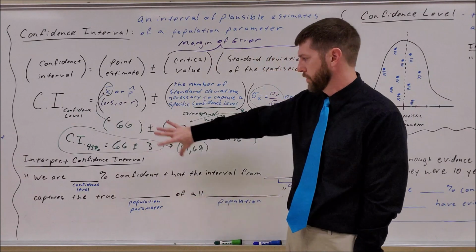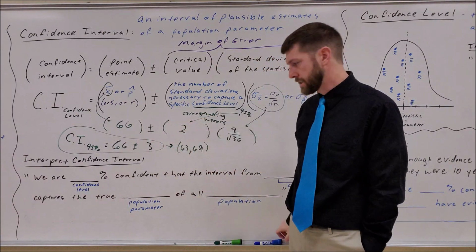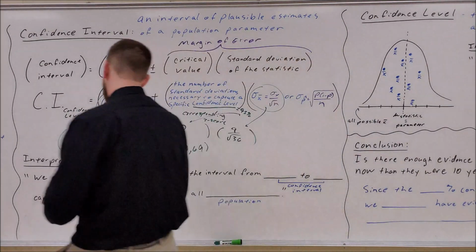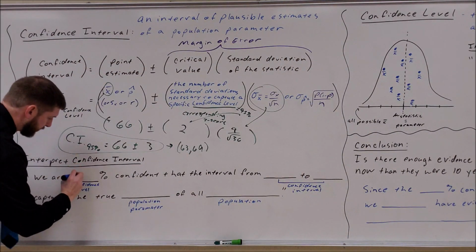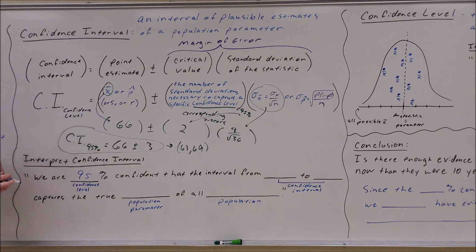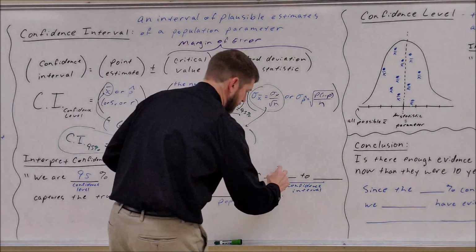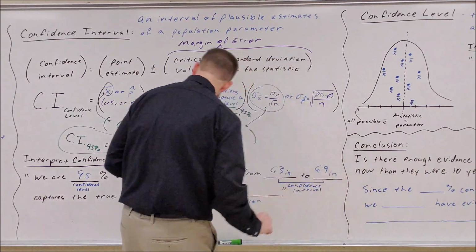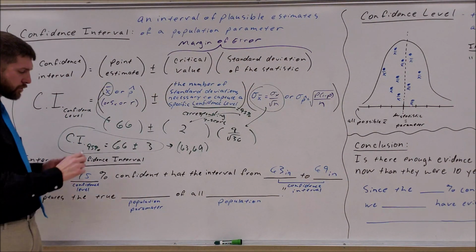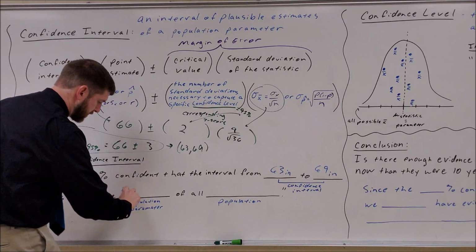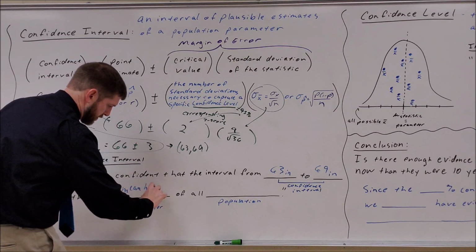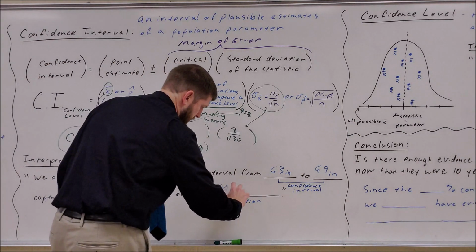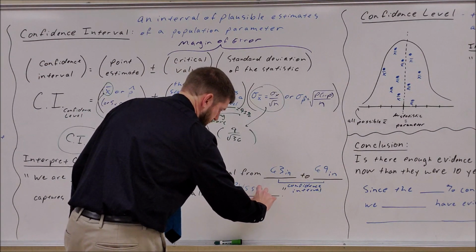So let's go through and actually interpret what this 63 to 69 means. Here's how we interpret confidence intervals. We are 95% confident that the interval from 63 to 69 inches captures the true mean height of all 2020 RHS students.